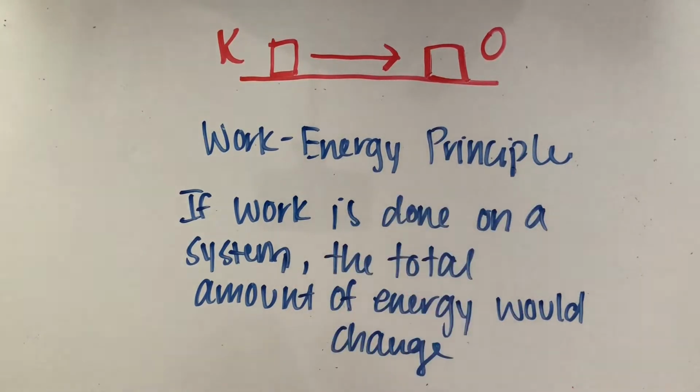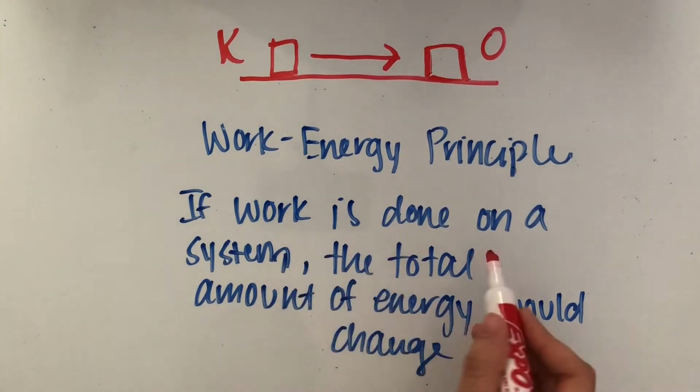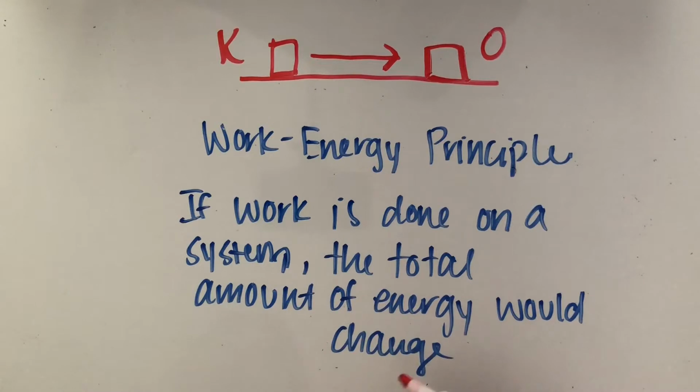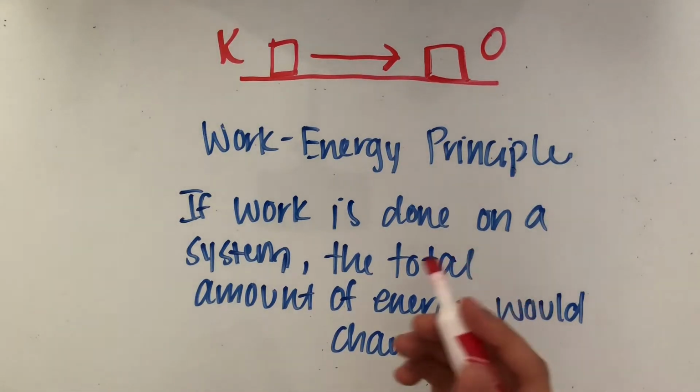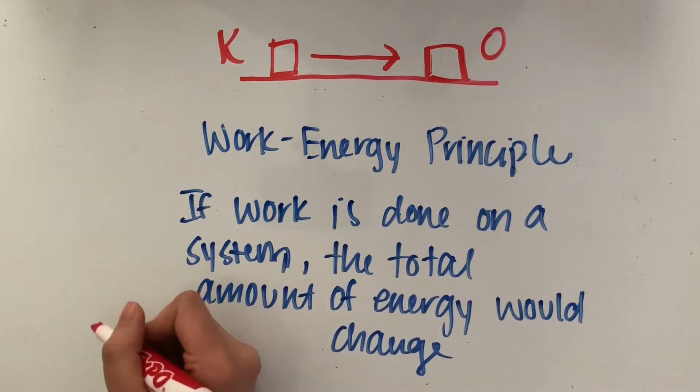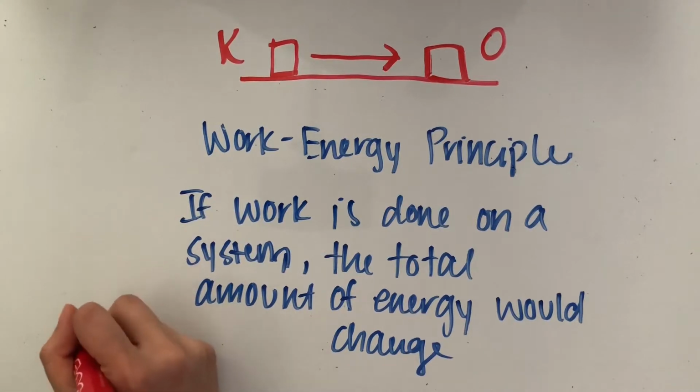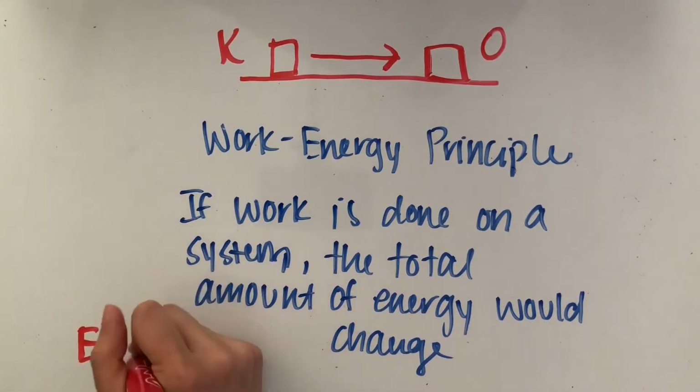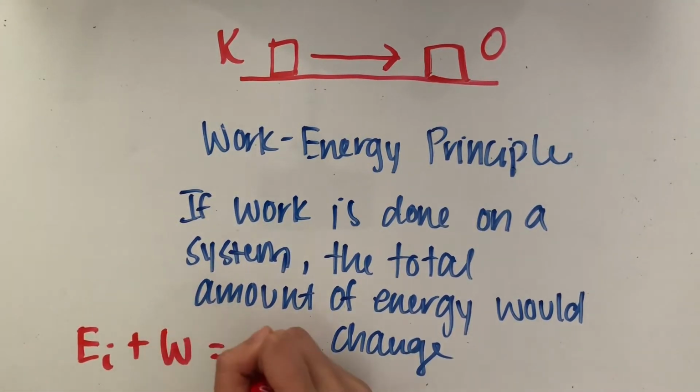And why is the work negative? Well, remember, if work is done on the system, then the total amount of energy would change according to the work energy principle. Mathematically, we can write that as the initial energy of a system plus any work done on it equals the final energy of the system.